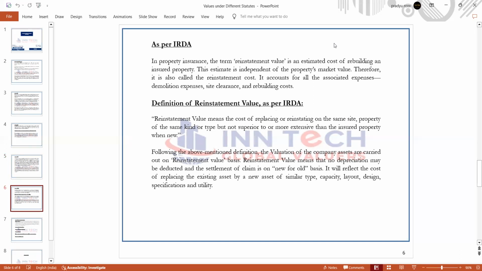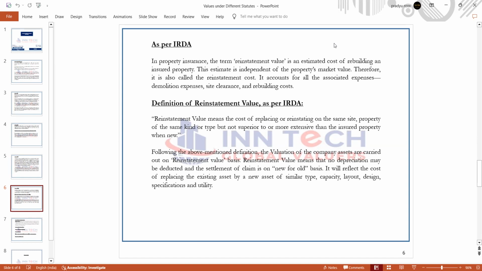If a building is there, we have to insure that building. If the building has to be constructed now, how much will be the cost to construct that building with the same specifications? That is called the reinstatement cost.